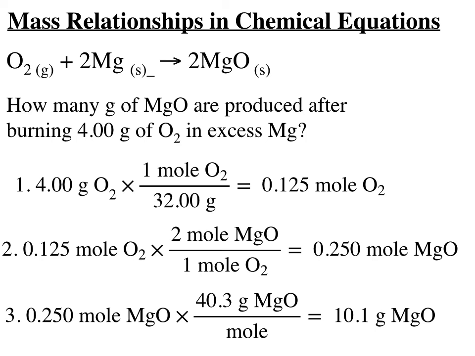So if I formed 10.1 grams of MgO, and I used 4.0 grams of O2 in that process, then without question, 6.1 grams of Mg must have been used, because the mass of the product formed is formed only from the reaction of the Mg and the O. And nature works in such a way that that mass must be conserved.